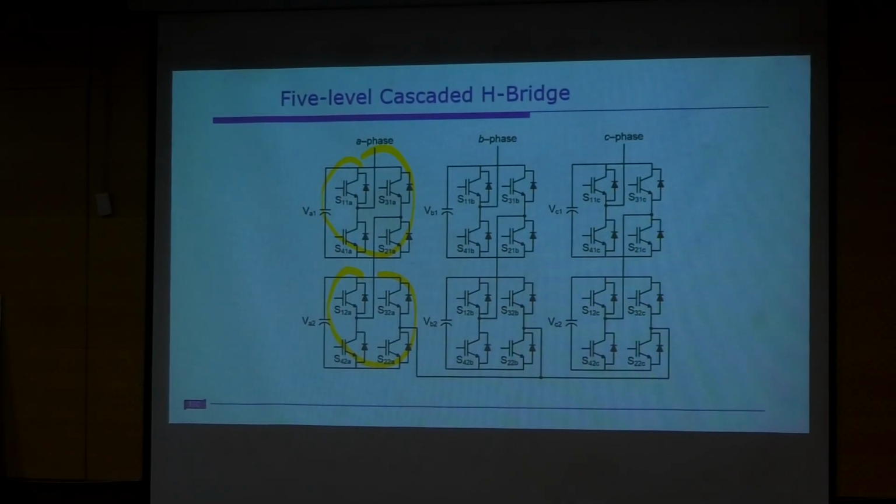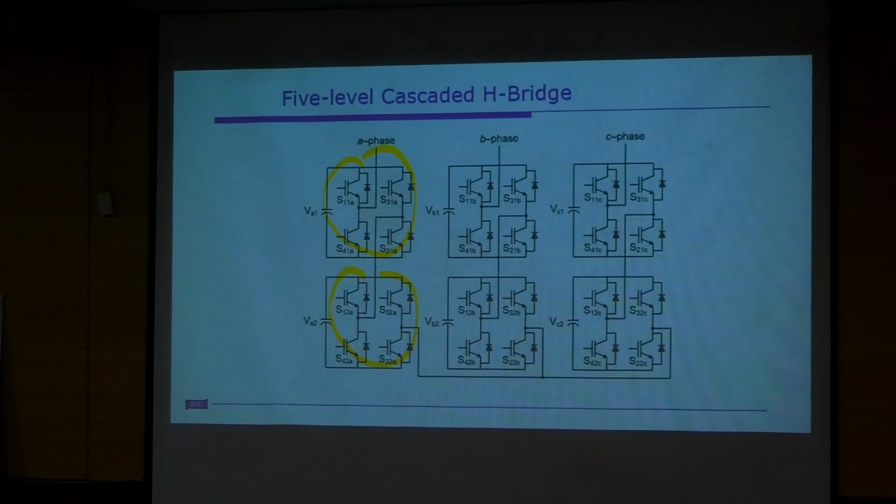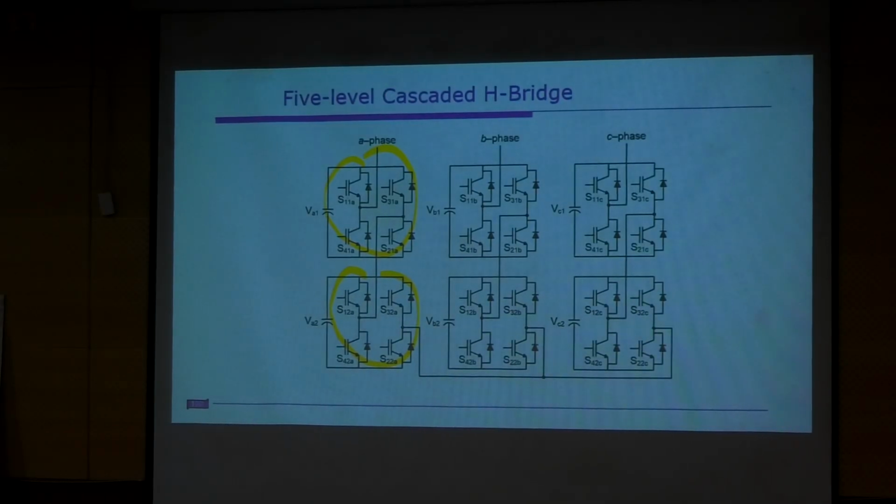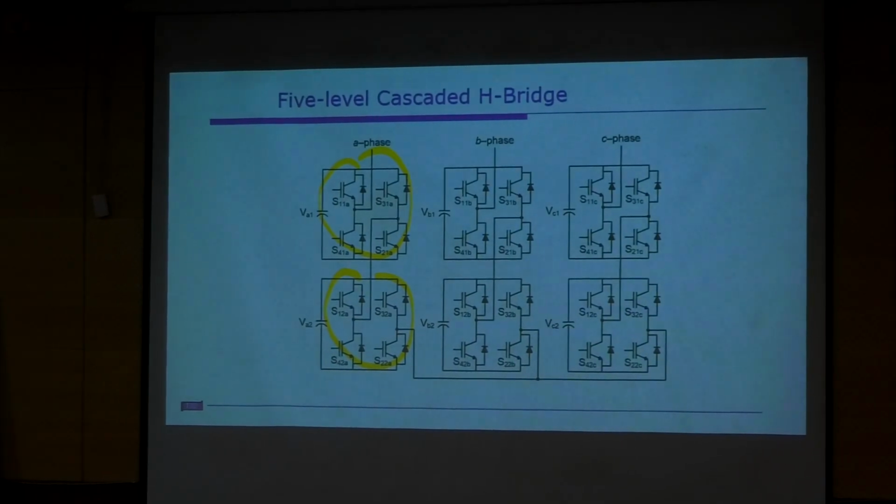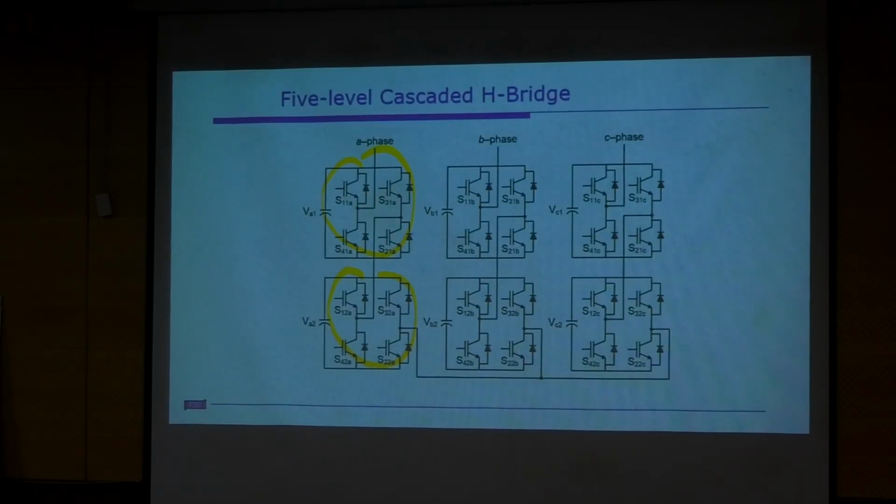To summarize, for an M level inverter we usually require M-1 triangle carriers. This is a 5 level inverter, so you require 4 triangle carriers.